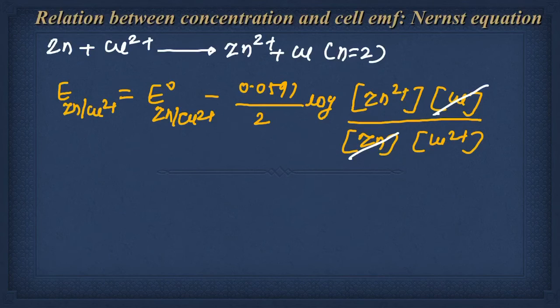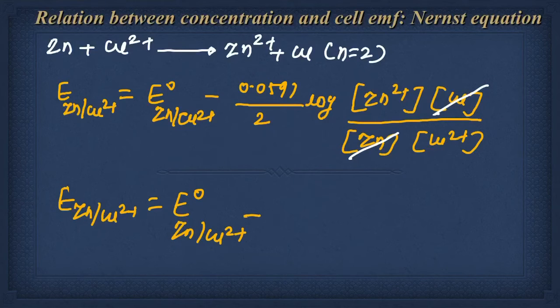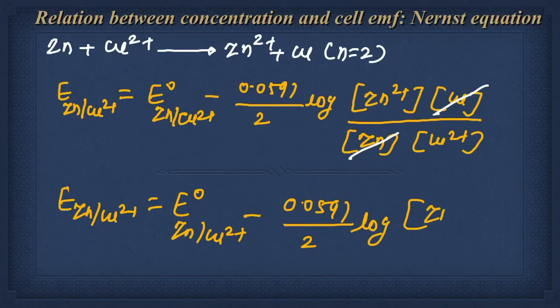So E Zn/Cu2+ is equal to E standard Zn/Cu2+ minus 0.0591 divided by 2 log of the concentration of the zinc divided by the concentration of the copper.